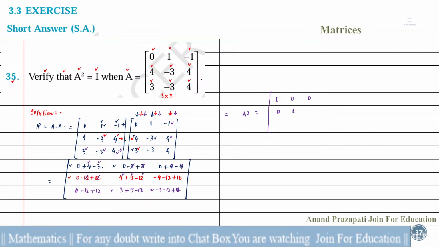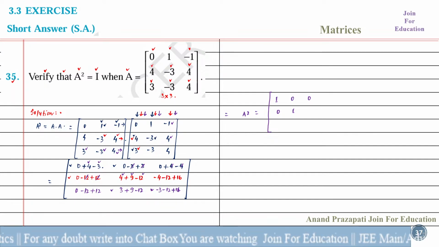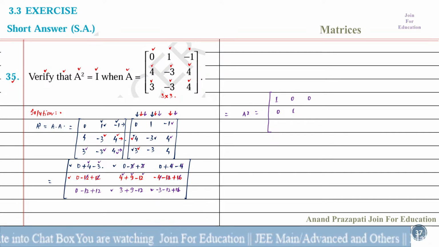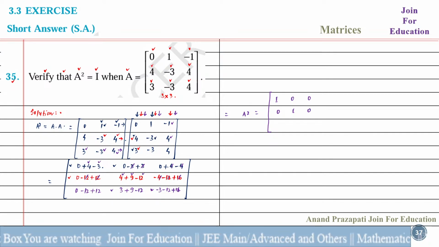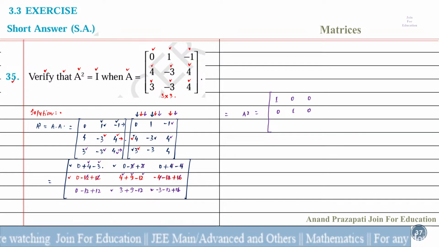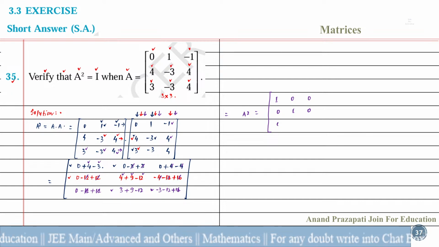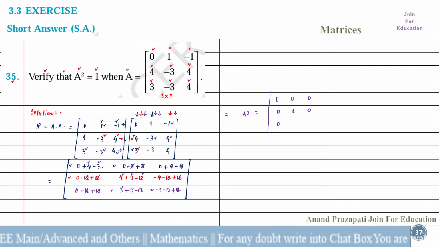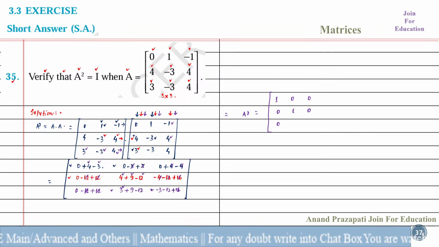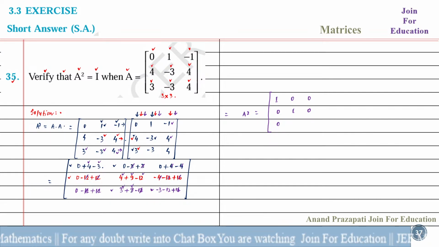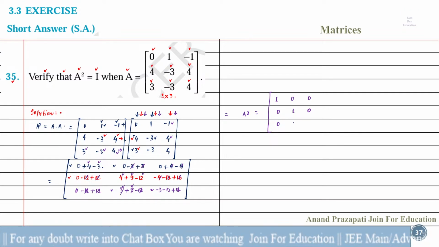Minus 4 minus 12 equal to minus 16, plus 16 equal to 0. So we write down here 0. Again minus 12 plus 12 cancelled out, then we write down here 0. 3 plus 9 equal to 12, minus 12 cancelled out, then we get here 0.